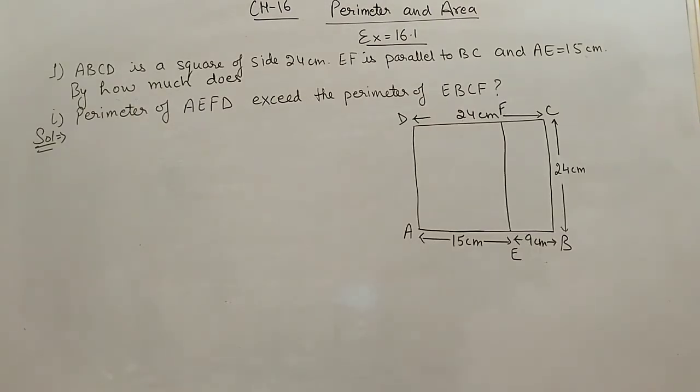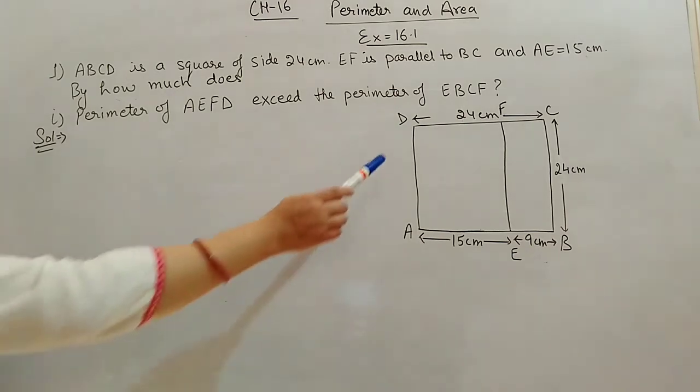Now we will start exercise 16.1. First question. ABCD is a square of side 24 centimeter. If EF is parallel to BC and AE is 15 centimeter, by how much does the perimeter of AEFD exceed the perimeter of EBCF? So the figure is given. According to this figure, this is a square.